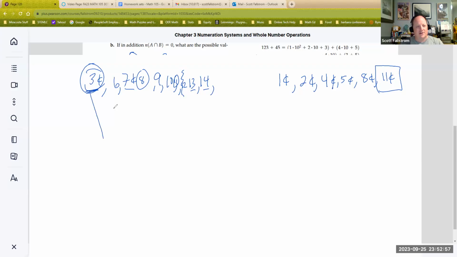Now, here comes the fun part. You could generalize this. I gave you a 3-cent and a 7-cent, but you could say, what if I have an A and a B? Right? So what's the biggest? And there's a really nice connection here between some of our properties. So 3 times 7 is 21, and 3 plus 7 is 10.